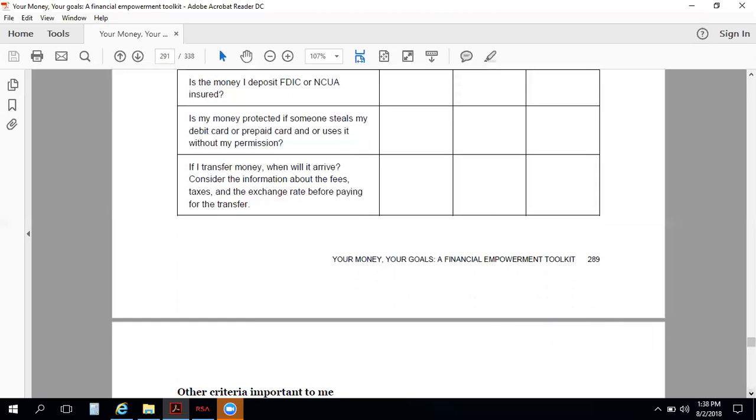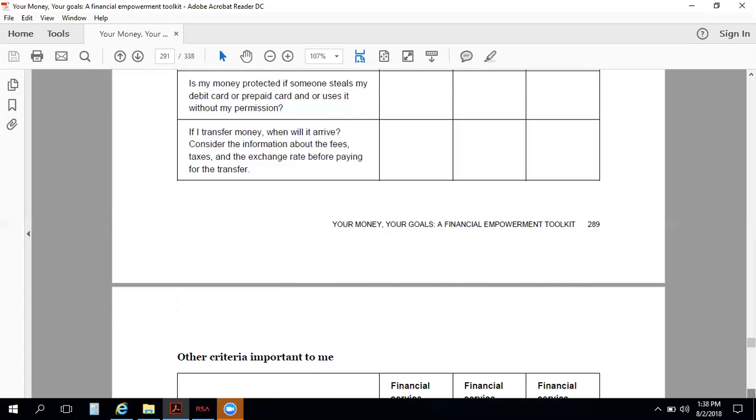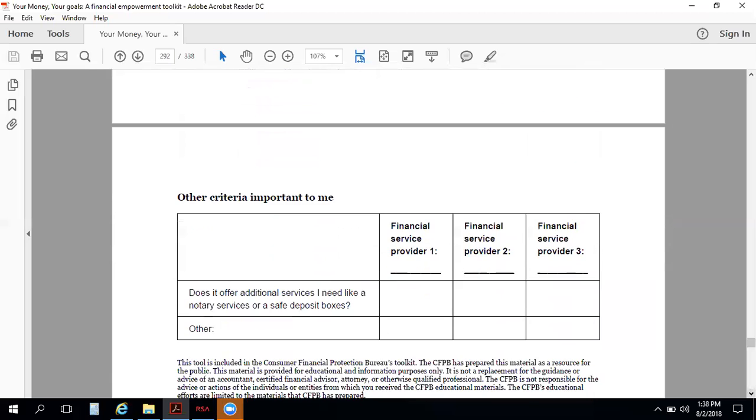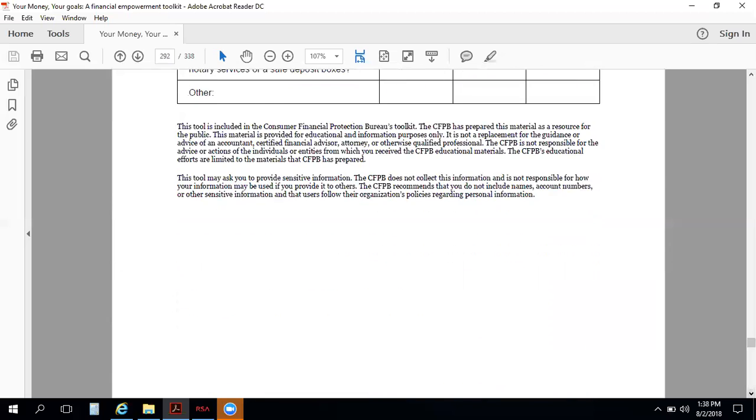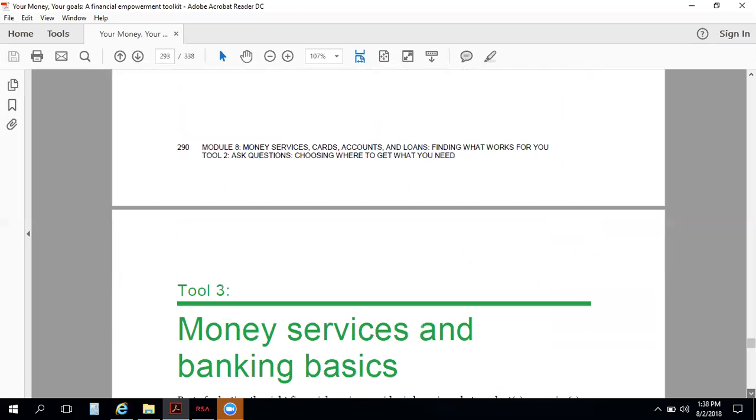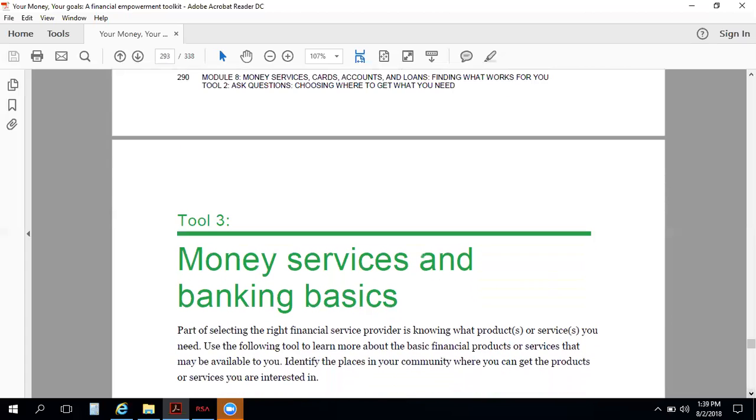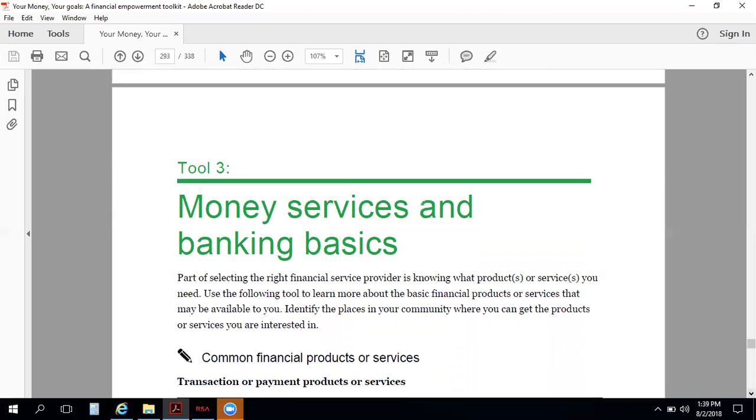Is the institution protected under the FDIC if something were to happen to it? So just getting clients to think about questions they should be asking when they're setting up new accounts, and comparing the different institutions that are available to them to meet their needs.